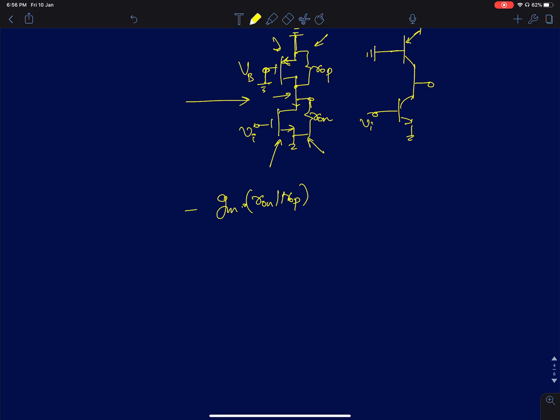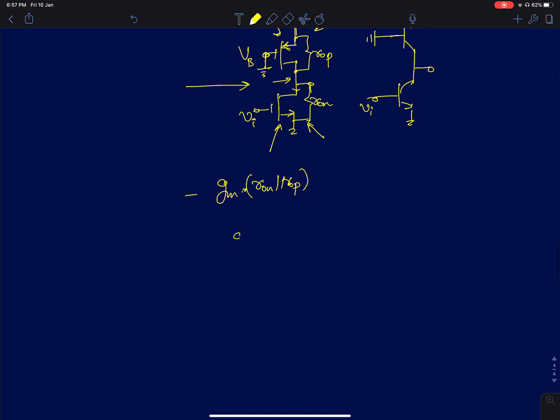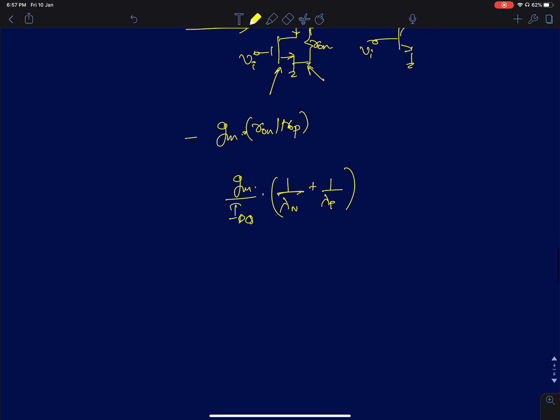So RON will appear in parallel with ROP. So you're going to get GM into 1 by pi IDQ into lambda NMOS and 1 by lambda PMOS. So this result, GM over IDQ: we know your GM is 2 IDQ upon VO drive, so GM upon IDQ will be 2 upon VO drive. So this result here will reduce to 1 by lambda n.